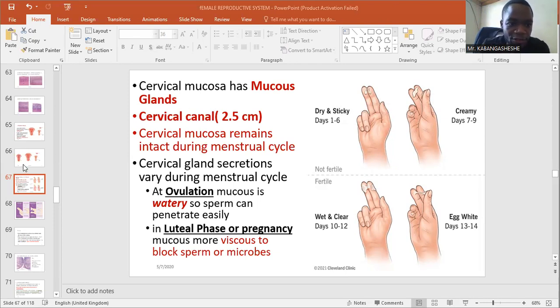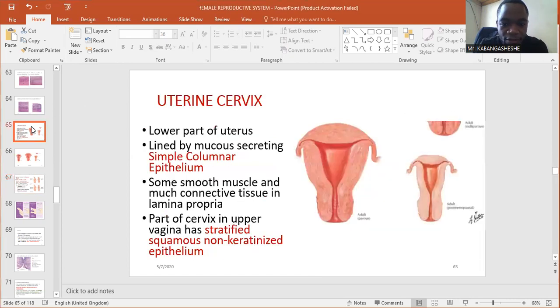So sperm cells cannot swim through the cervical canal here because the secretion is thick. And this is essential during pregnancy because it prevents ascending infection from the vagina, through the cervix into the uterus where the fetus is developing. So the mucus condenses there and then solidifies.